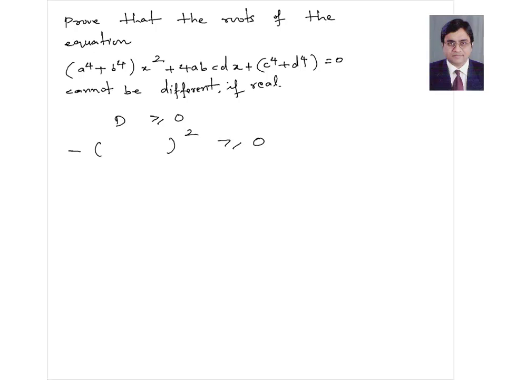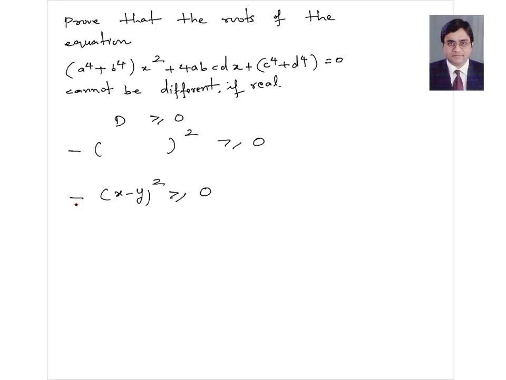Supposing you somehow get this type of result. Let's say minus (x minus y) whole square is greater than or equal to 0. x and y are real numbers. Okay? Now, (x minus y) whole square cannot be negative.